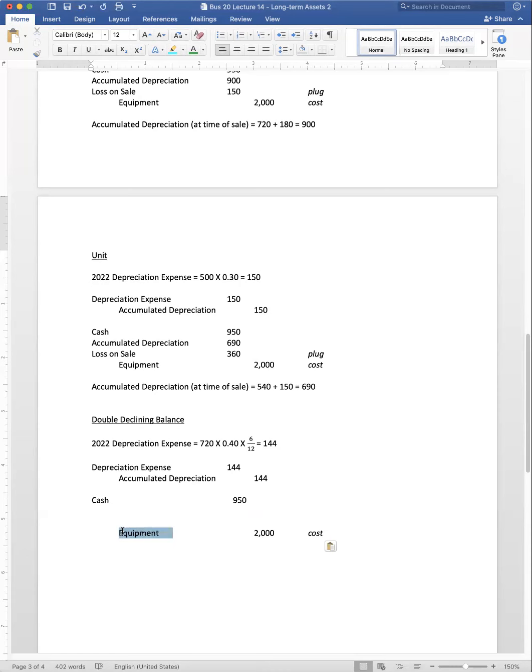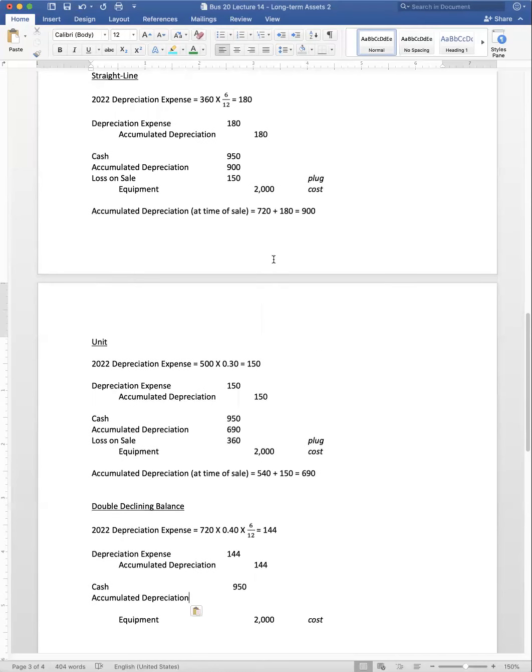Now, when we get rid of the equipment, we get rid of anything associated with it, including its contra account of accumulated depreciation. Because it's a contra account, to get rid of it, we're going to have to debit accumulated depreciation. Now, how much is the accumulated depreciation?